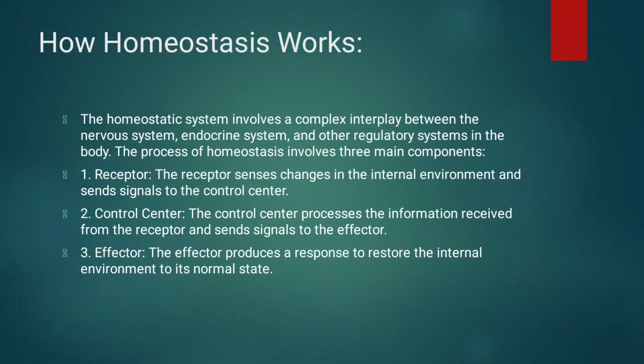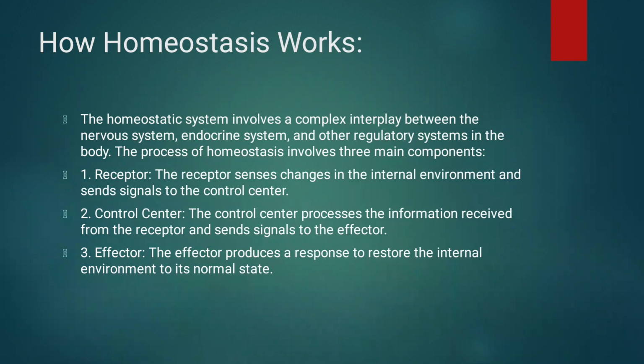Then, how does homeostasis work? The homeostatic system involves a complex interplay between the nervous system, endocrine system and other regulatory systems in the body. The process of homeostasis involves three main components: first the receptor, then the control center and the effector.